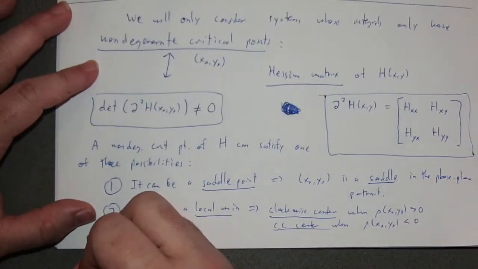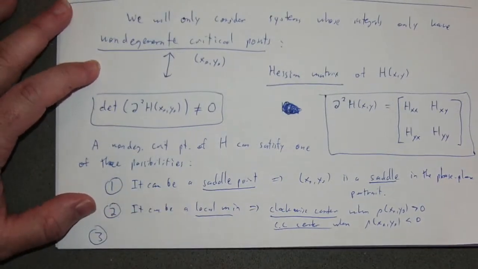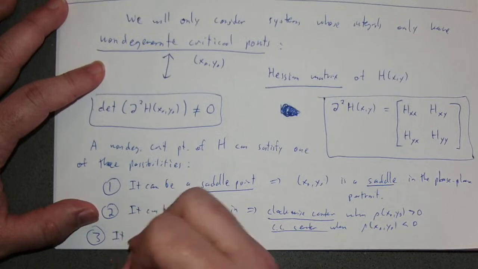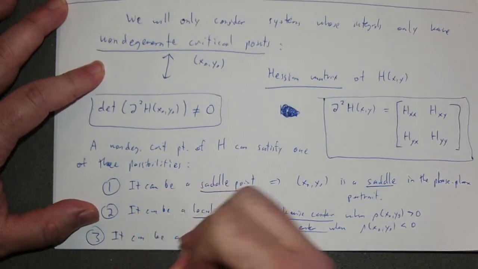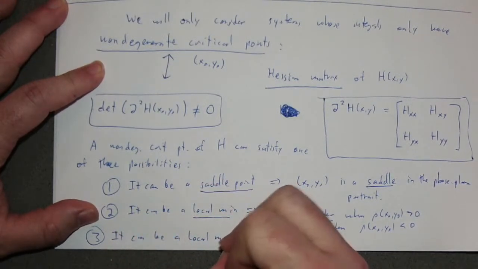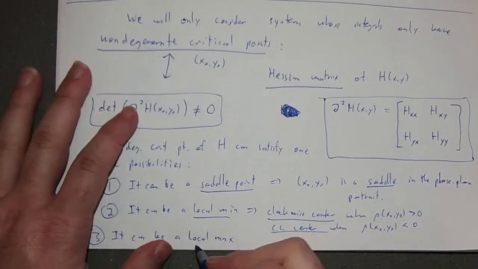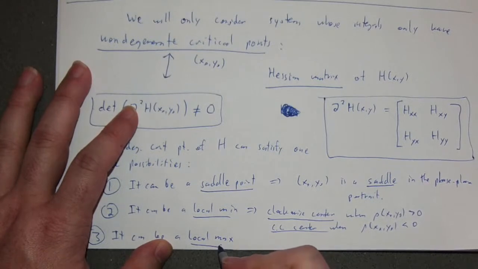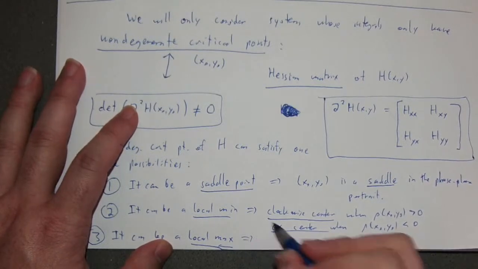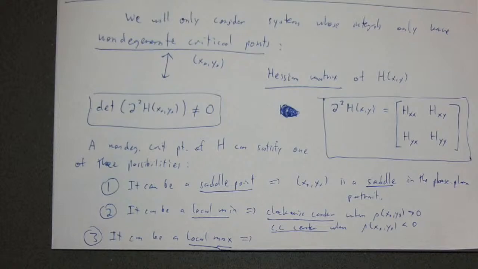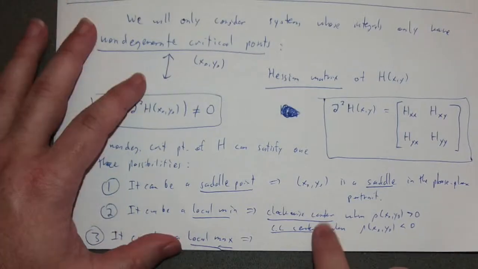And lastly, it can be a local max. In this case, I just reverse these things. So it is clockwise when rho is negative and counterclockwise when it's positive.